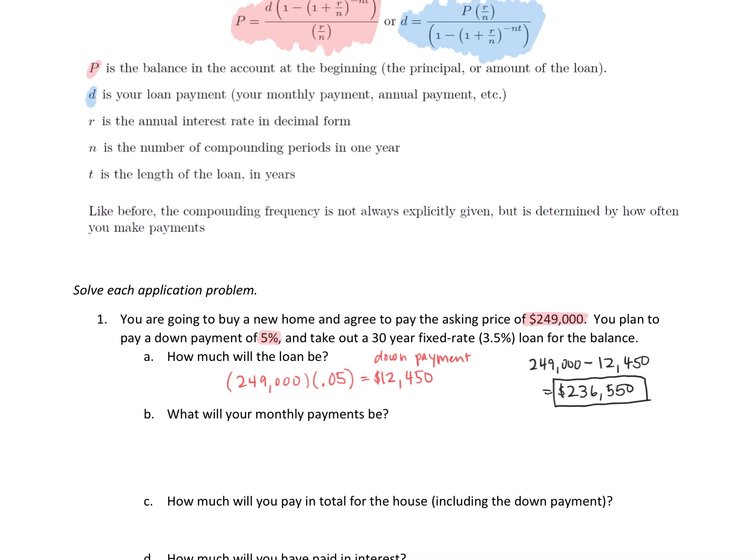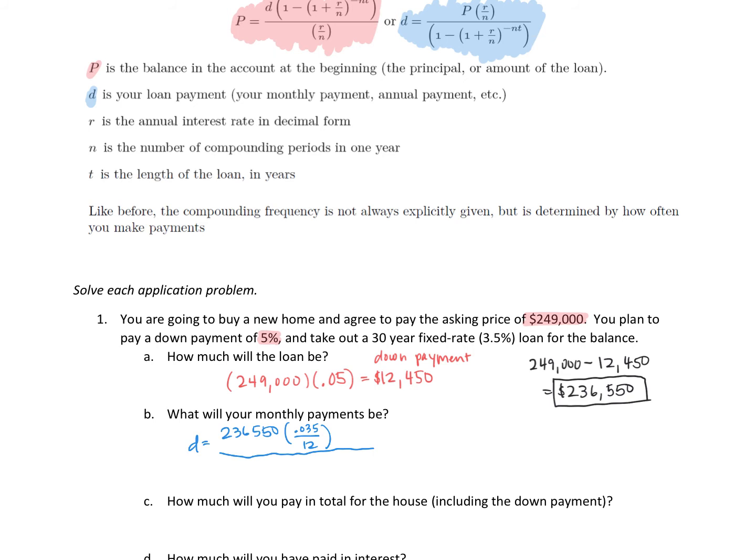Okay, so let us see how we can do that. Plugging in everything that we know, we're going to have D equals P, the principal, so that is the loan amount, $236,550, times R over N, so 0.035 over N. Since it's monthly payments, we're going to assume N is 12.